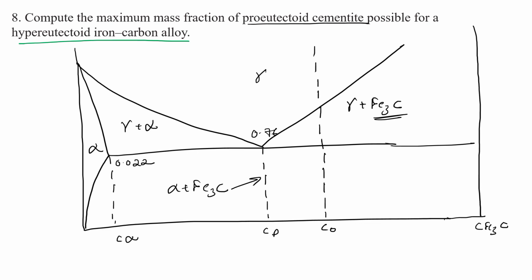So this is about 6.78%. So the cementite weight can be given by this divided by the total.